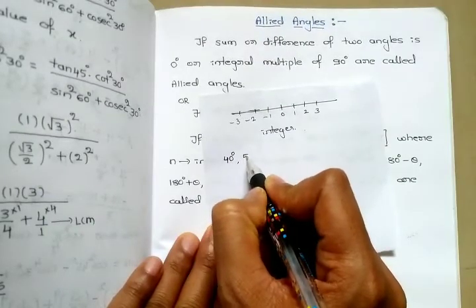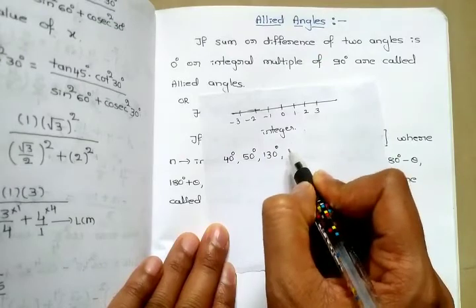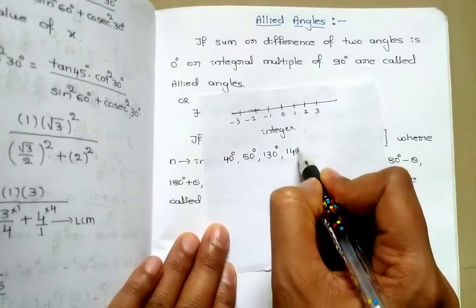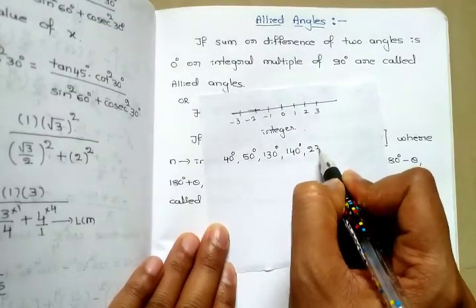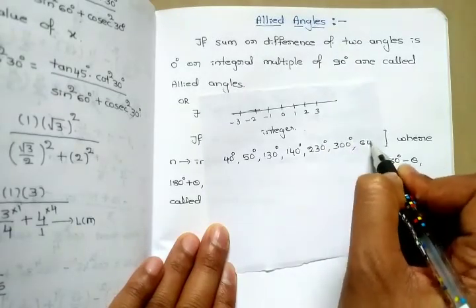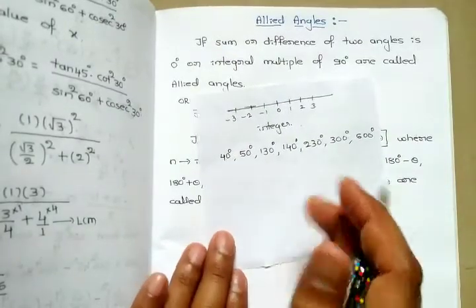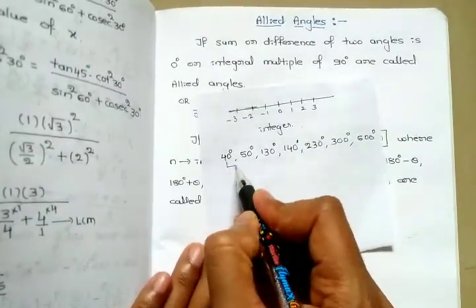So here, if the sum or difference is there, for example, some angles I am going to consider: suppose 40 degree, 50 degree, 130 degree, 140 degree, 230 degree, 300 degree, 600 degree. So these are some angles I am going to consider. First I am going to add these two angles.